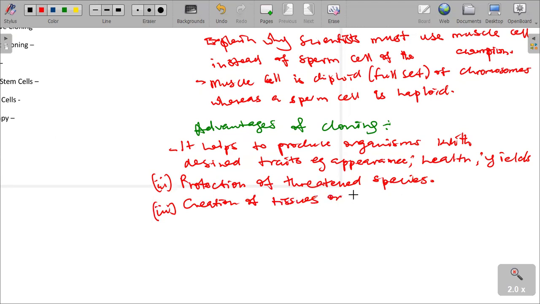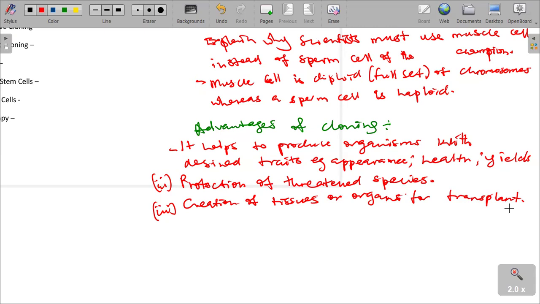When there are certain problems, diseases or health conditions that might be complicated, through cloning we are able to create tissues that are needed for certain transplants.